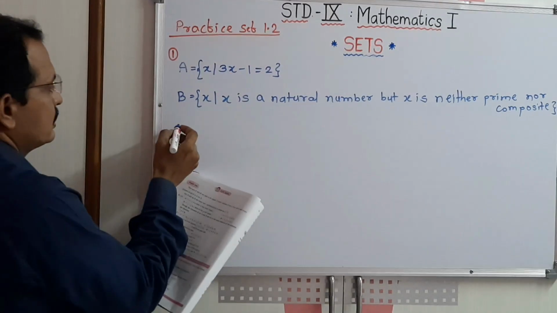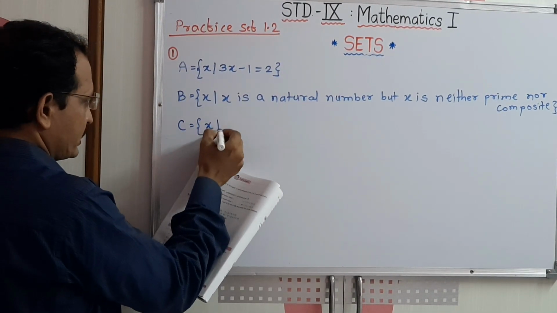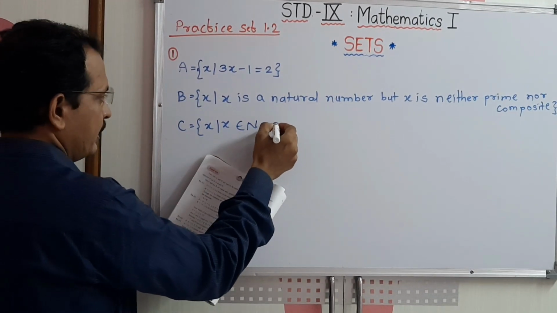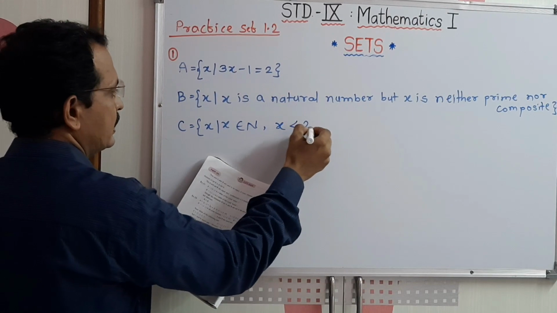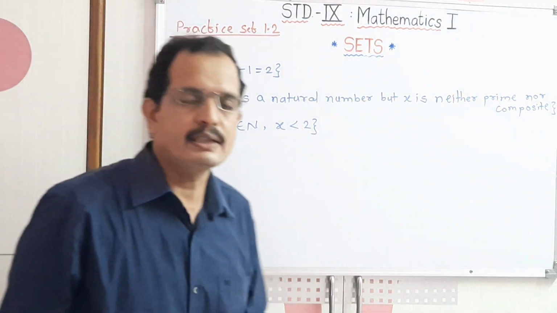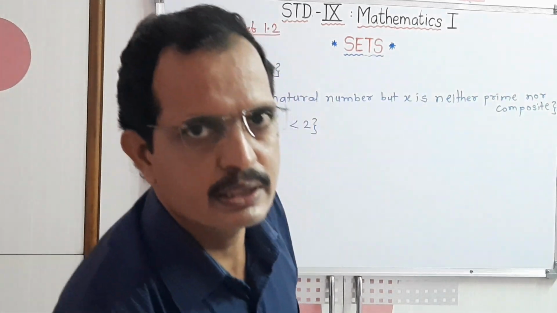And third set C is a set of x such that x belongs to natural numbers and x is less than 2.